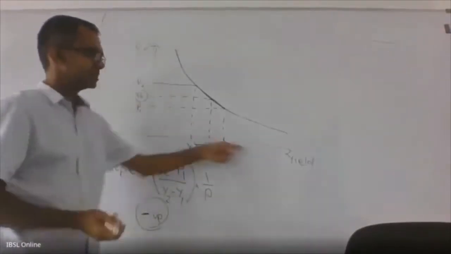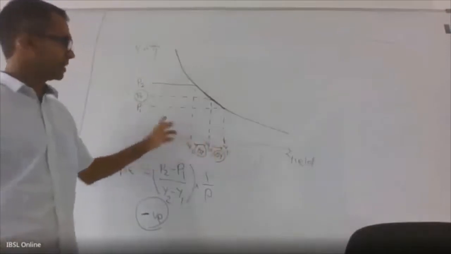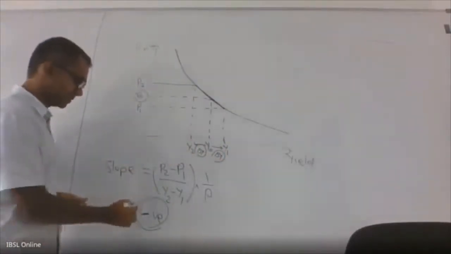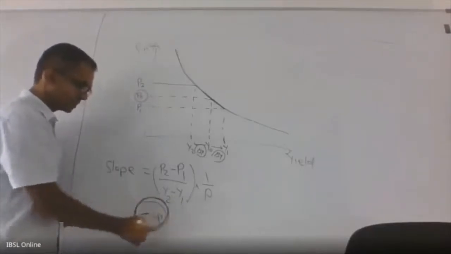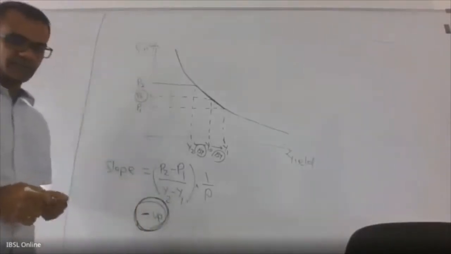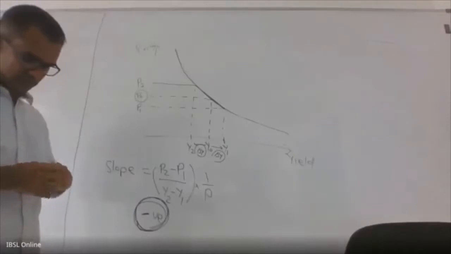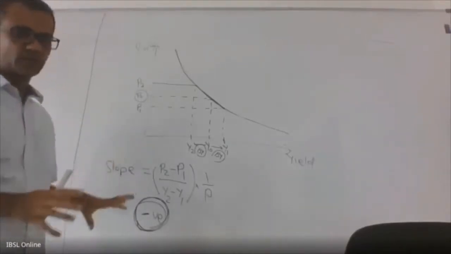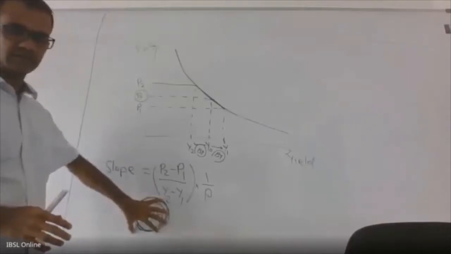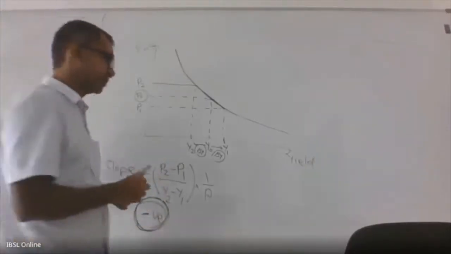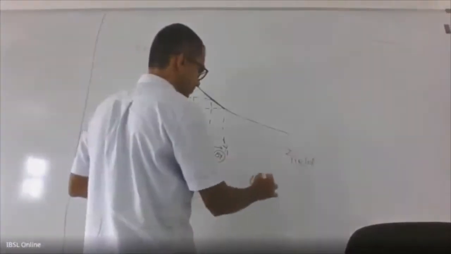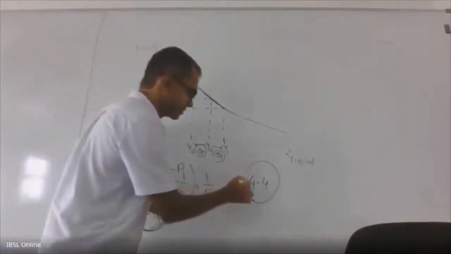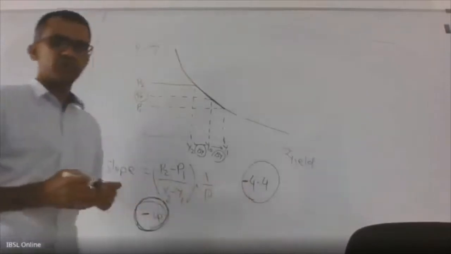When yield increases, price decreases. When yield decreases, price increases. This negative sign reflects that, but when we express the duration, we just ignore the sign. We say duration is 4.4, something like that, but in reality, duration is minus 4.4.